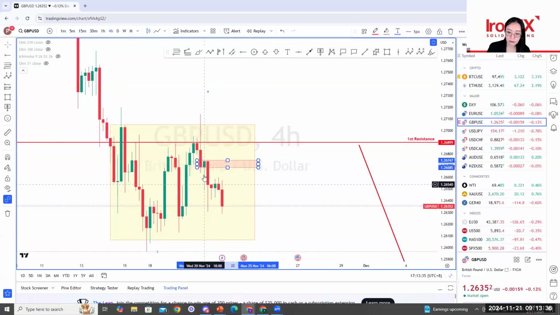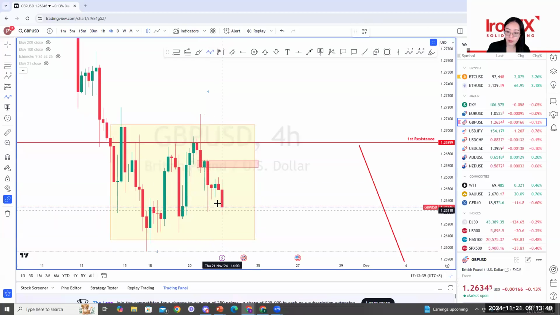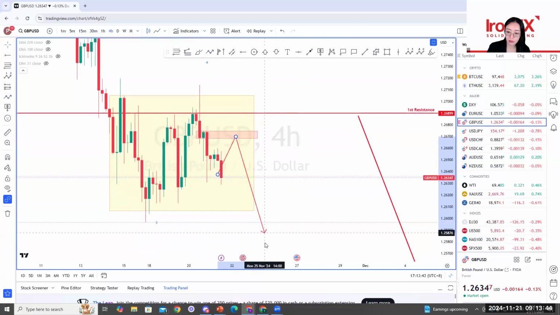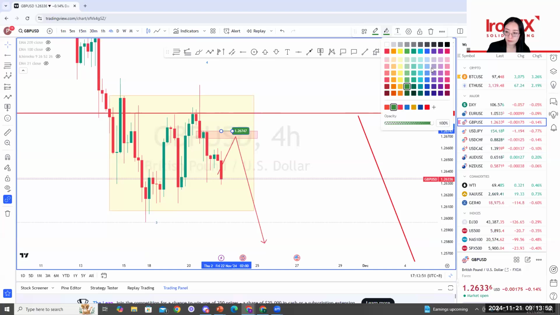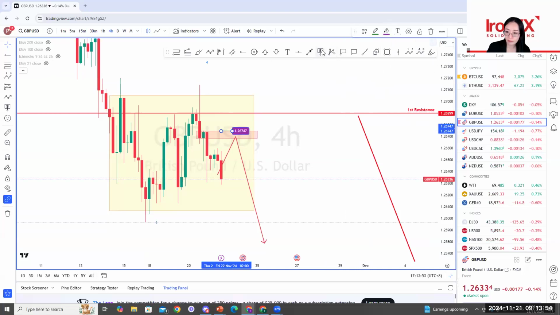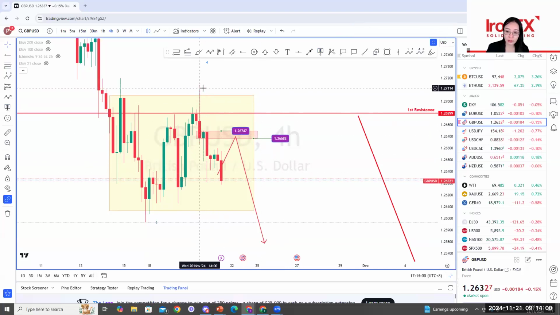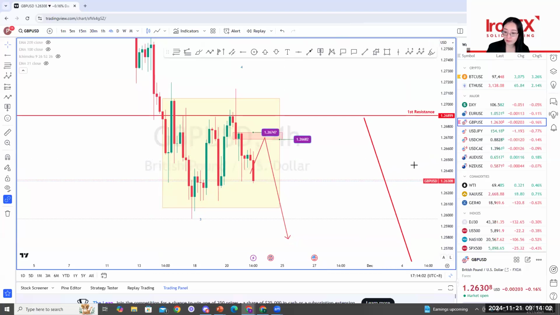But because this long wick is not very nice, you can wait for price to pull back and then you sell. Then you hold. Okay, with this zone. If they pull back. But if you have a sell entry, you can hold.